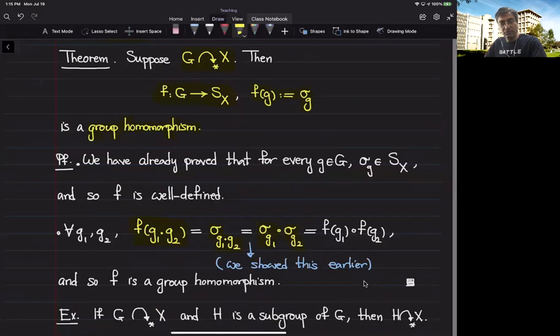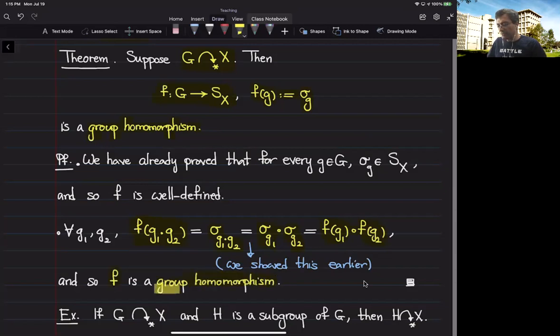So I get sigma sub g1 composed with sigma sub g2. Sigma sub g1 is f of g1, and sigma sub g2 is f of g2. So we are getting the composite of f of g1 and f of g2. That's exactly the definition of a group homomorphism. So f of g1 dot g2 is the composite of f of g1 and f of g2, and therefore f is a group homomorphism.